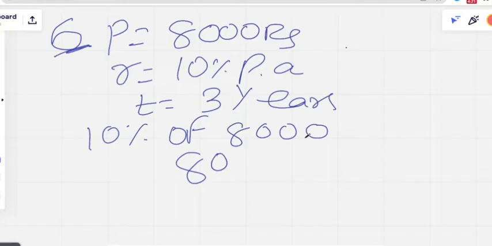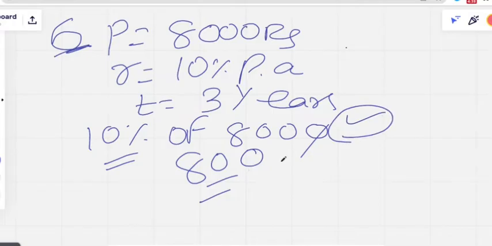So 800 is the interest for 1 year, but they are asking for 3 years, so 800 into 3. Your answer is going to be 2,400. This is the interest for 3 years. This is a very simple model you usually get in any kind of exam or placement test. Let's see another thing.